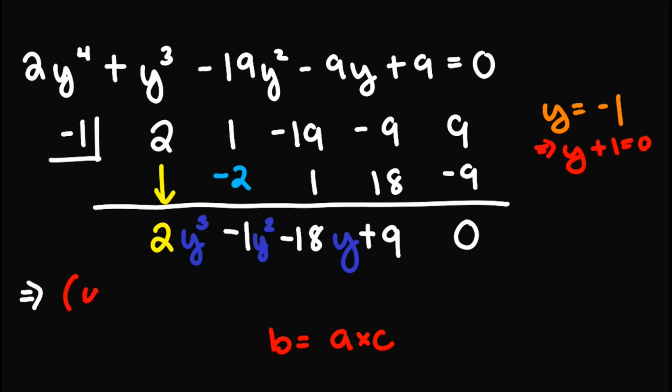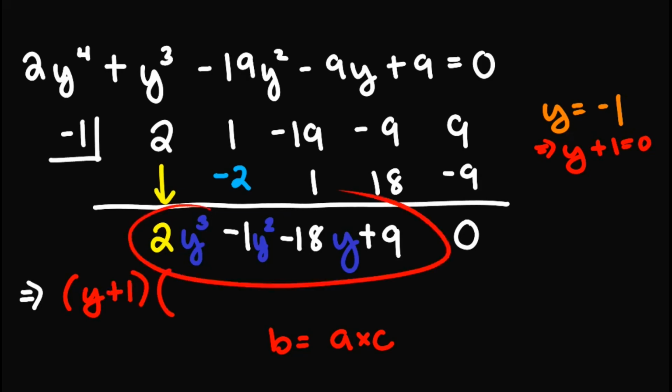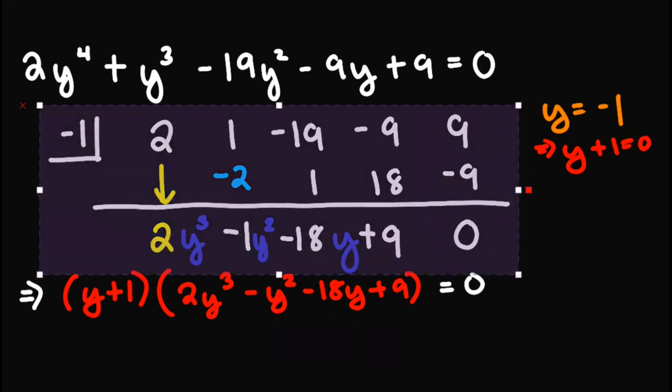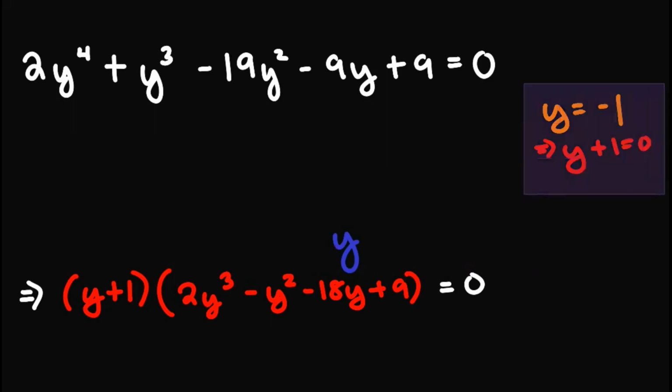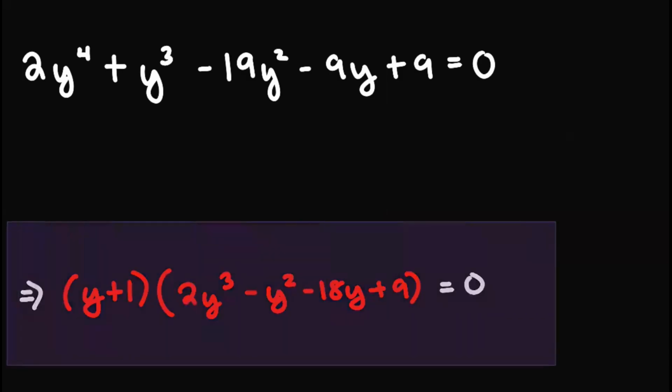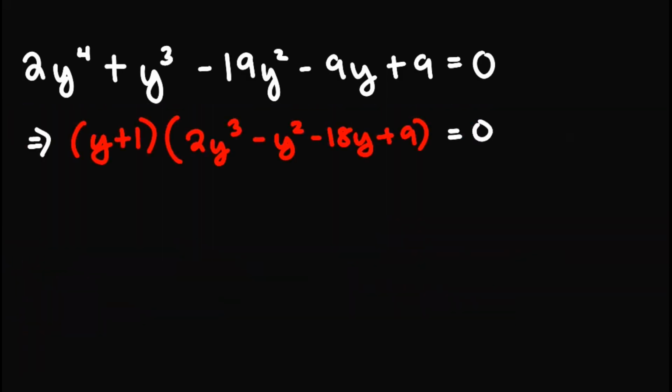So we have here y plus 1 times this quotient out here, which is 2y cubed minus y squared minus 18y plus 9, equals 0. And so we have factored out the higher order polynomial equation that we have above.